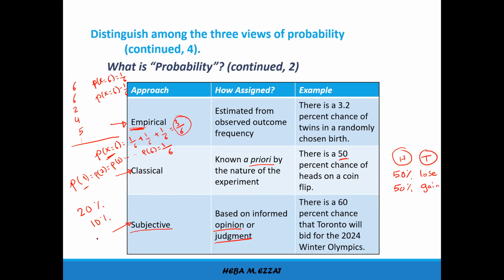Another one would say, according to my previous readings, compared with what happened in SARS and so on, I think it will be 30%. So all the answers were, I think it is so and so. In this case, the estimated probability is based on a personal opinion or a personal judgment.